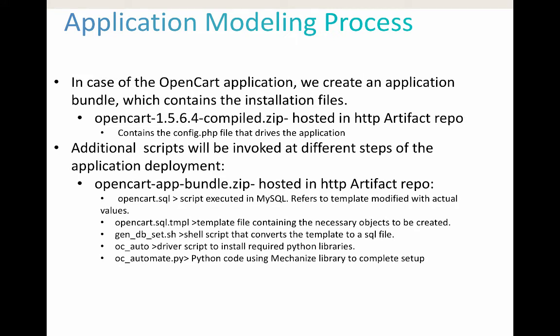In our case, there is a bundle in this demo called Opencart compiler.zip, which contains the config.php that drives the application, plus the basic binaries installation, and then we have a bundle of zip files that have all the scripts that make the entire thing happen.